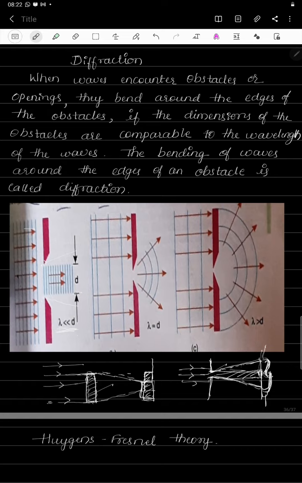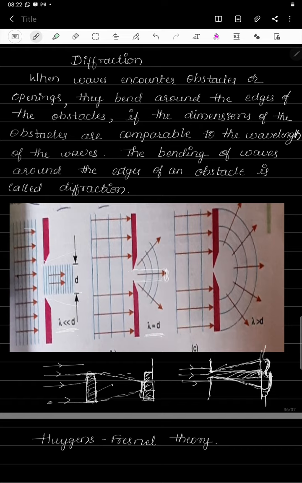And then come to the second picture. Here the wavelength of light used and the dimensions of the opening, that is the size of the opening, are almost comparable. If these two are comparable, we should expect light in this much area only, because this is the opening.